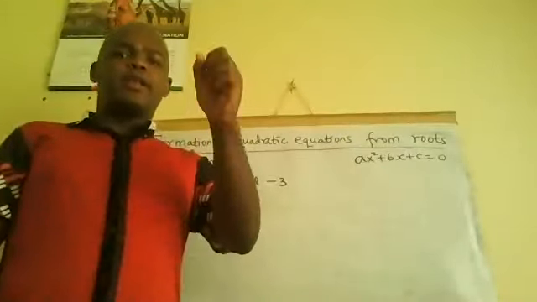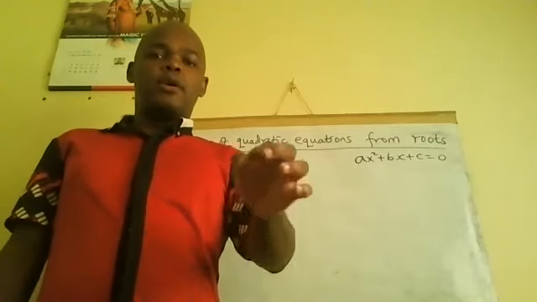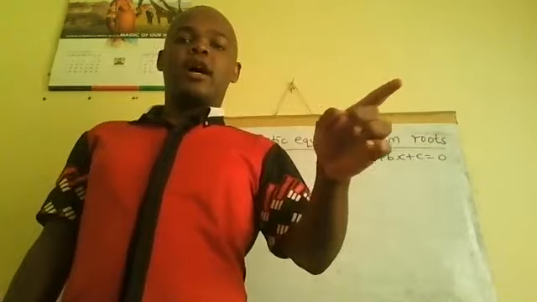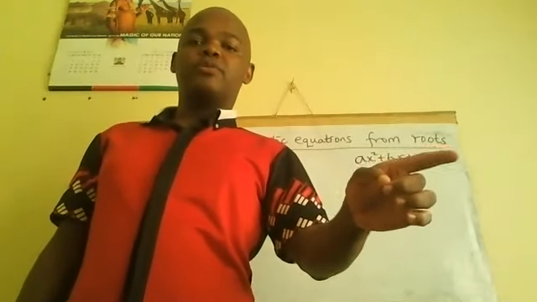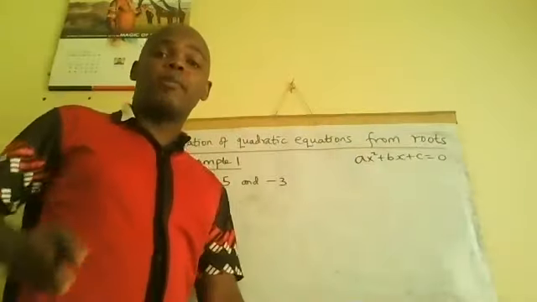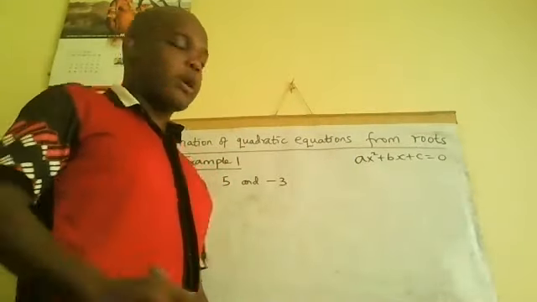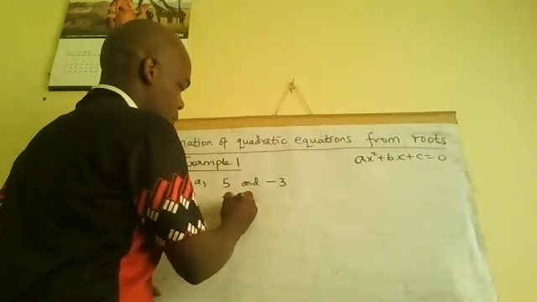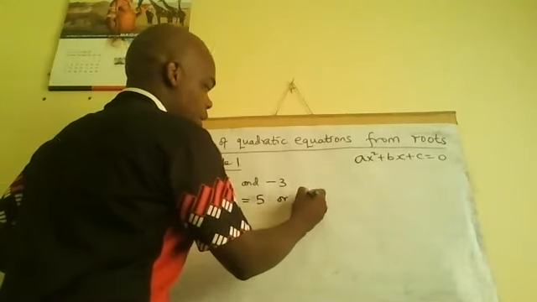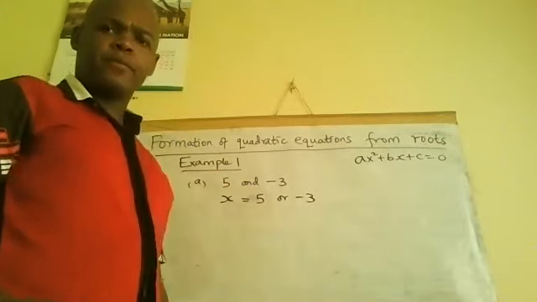Remember that the roots mean the solution. When I'm talking about the roots, I'm talking about the solution, the answer you get. So we say that x is equal to 5 or -3.